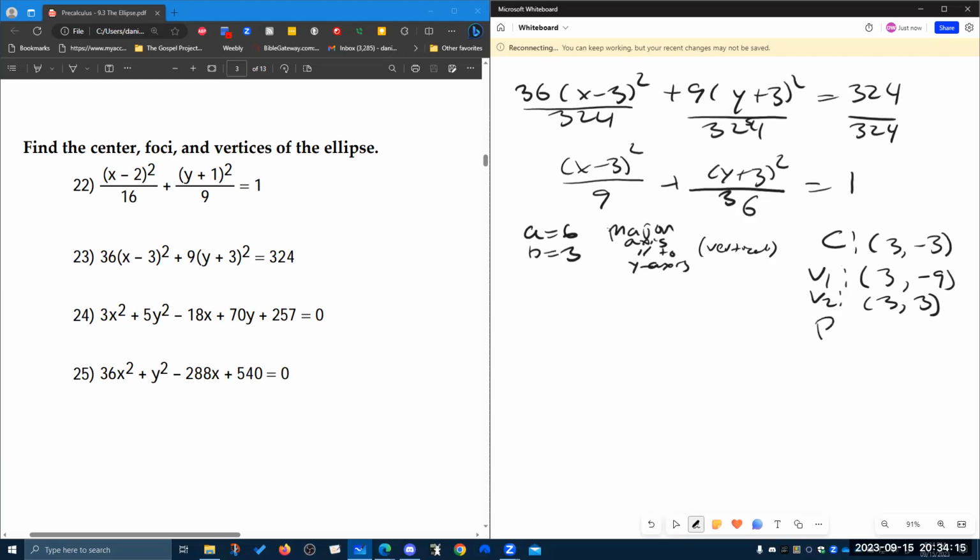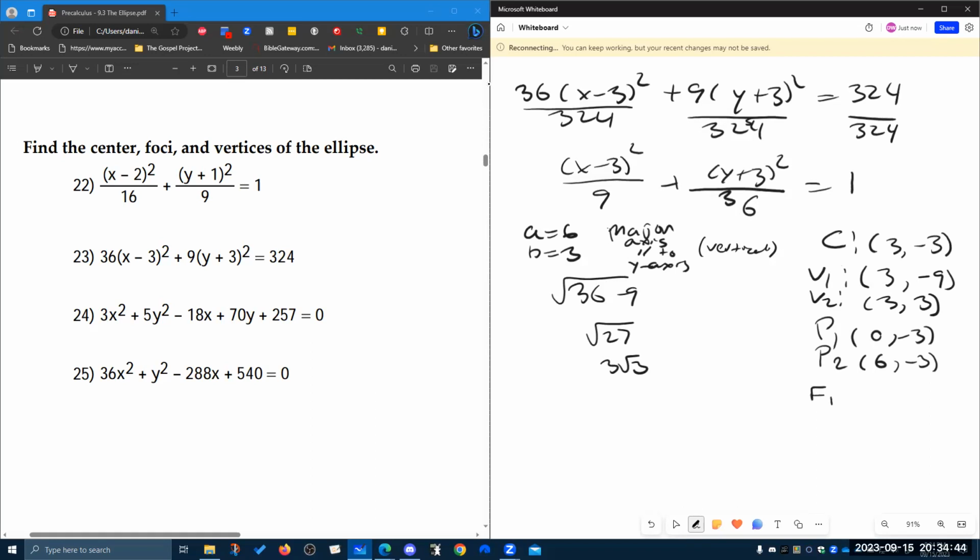I have additional points, P1 and P2, that are going to be (0, -3) and (6, -3). And my focus is going to be the square root of 36 minus 9, which is the square root of 27, which is 3√3.